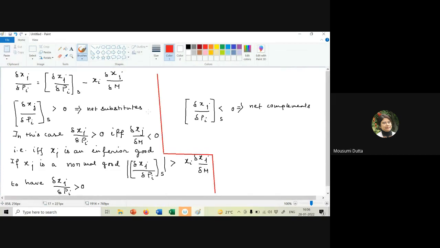In this case, del xj by del pi will be unambiguously less than 0 if and only if del xj by del m is positive. That is, if and only if xj is a normal good.